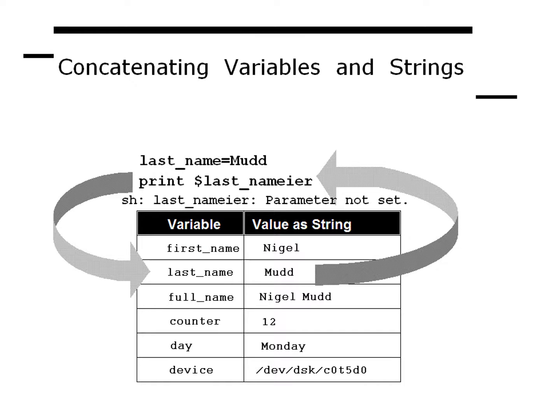We have seen in one of the previous slides a means to integrate the content of a variable within a string. That and the concatenation operation are pretty much the same. Let's assume we want to add the letters IER to the initial value that's stored in a given variable, in our example, the last name.